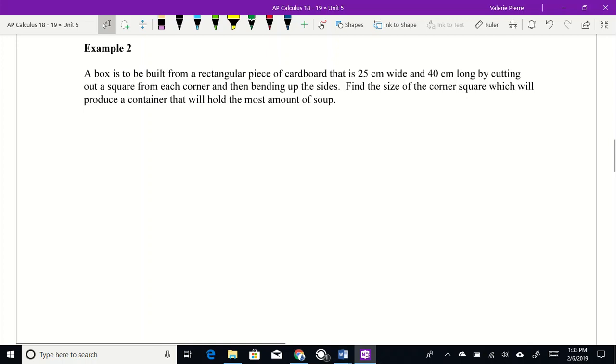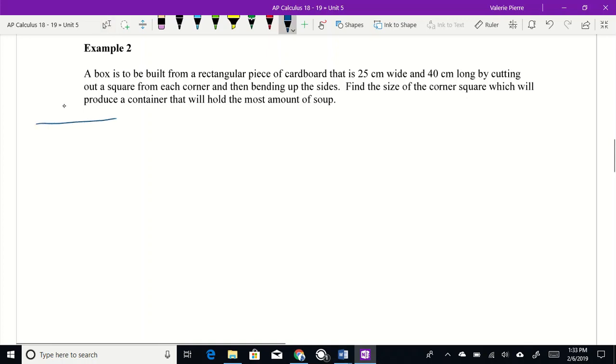So a box is to be built from a rectangular piece of cardboard that is 25 centimeters wide and 40 centimeters long by cutting out a square from each corner and then bending up the sides. Find the size of the corner square which will produce a container that will hold the most amount of soup.